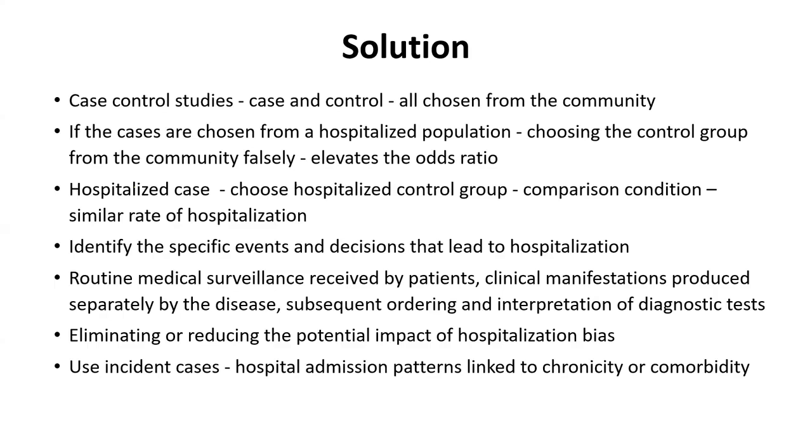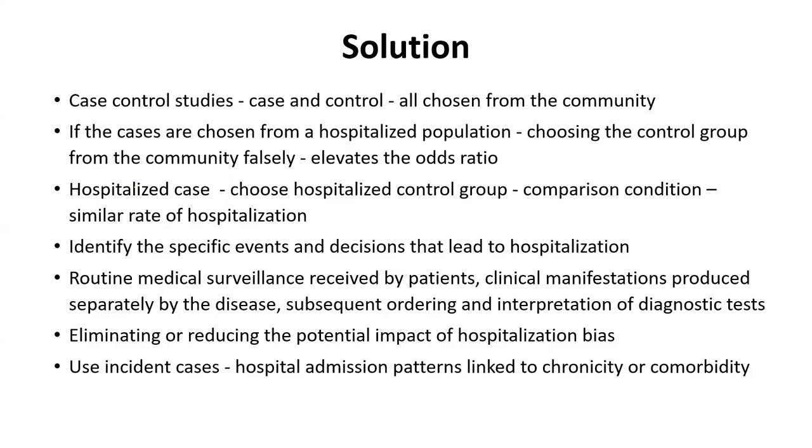So the solution for a hospital-based case control study is, you're choosing your cases from the hospital, choose controls from the hospital, but do not do it arbitrarily. You have to look at controls who have similar hospitalization rates as compared to your cases. So this is again a bit tricky.